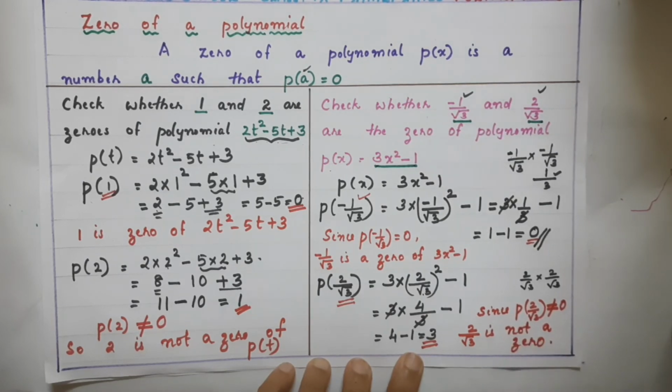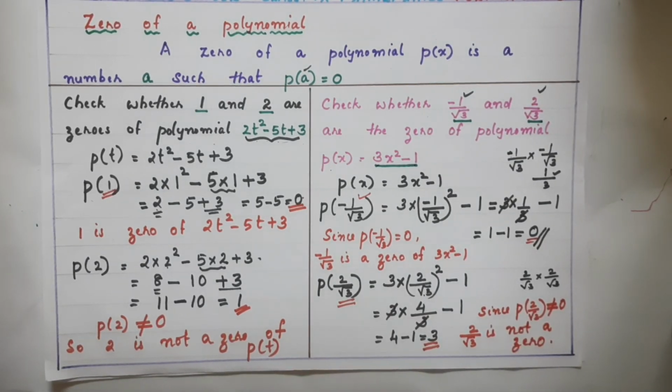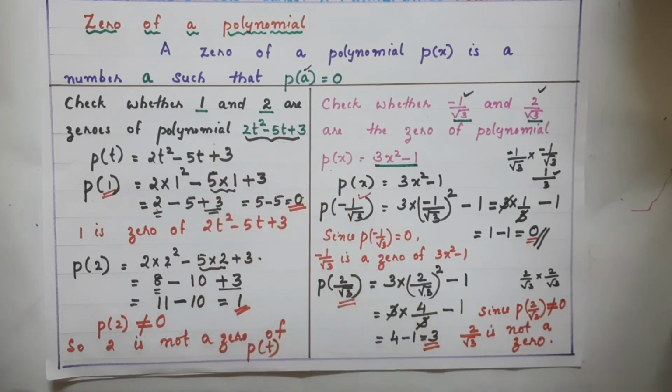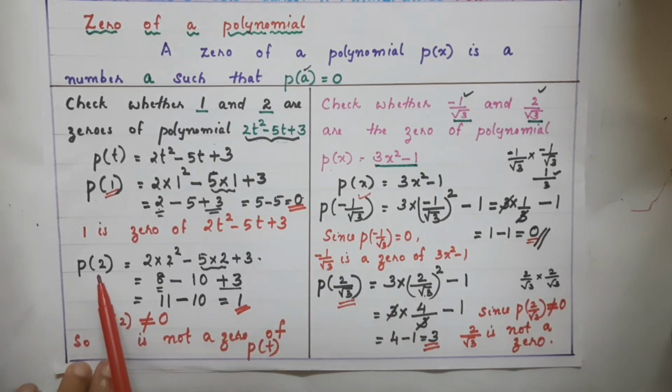Okay, children? So, like this you can verify whether the given numbers are the zeros of the polynomial. What is called zero of a polynomial?